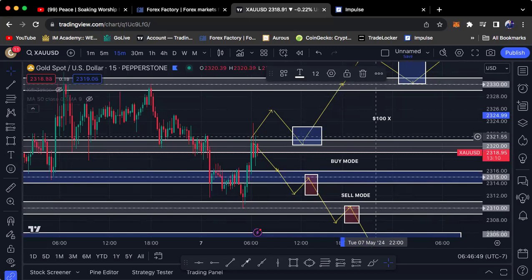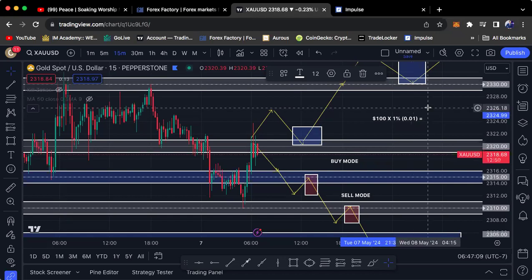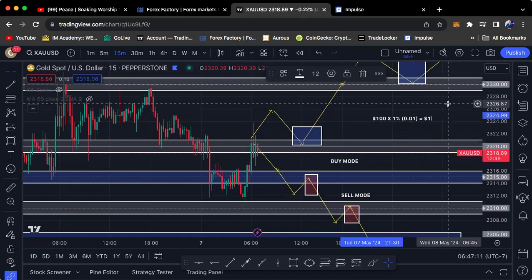But I take 1%, which is 0.01. And that gives you $1 that you're risking.